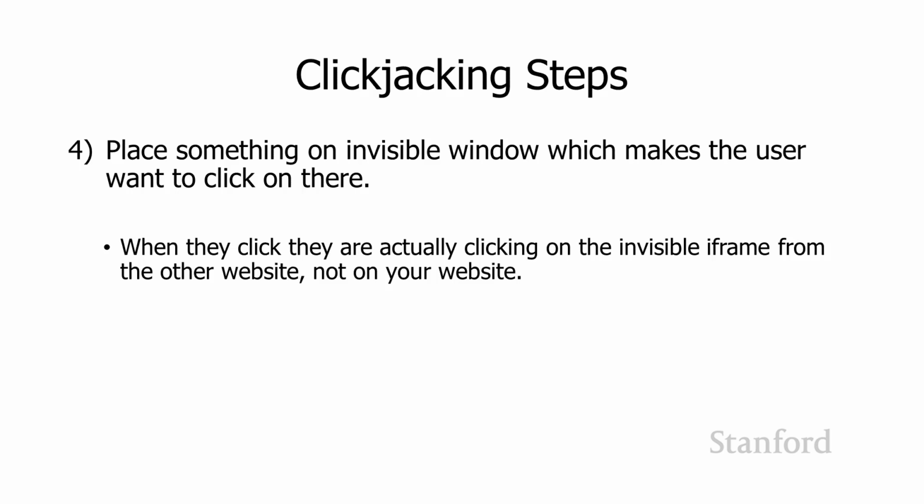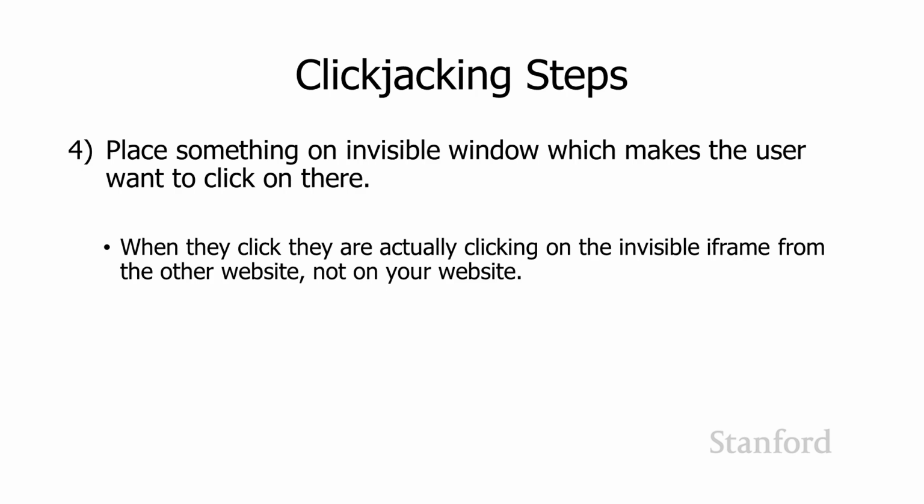Say, for example, an invisible copy of Amazon positioned exactly so that the one-click purchase button is in the exact location where we're making the user think that if they click on that location, something different will happen. So they go to our website, they click on what they think is one thing, but they're actually clicking on an invisible iframe showing something we're trying to get them to purchase with the one-click button directly on the location where they're clicking.